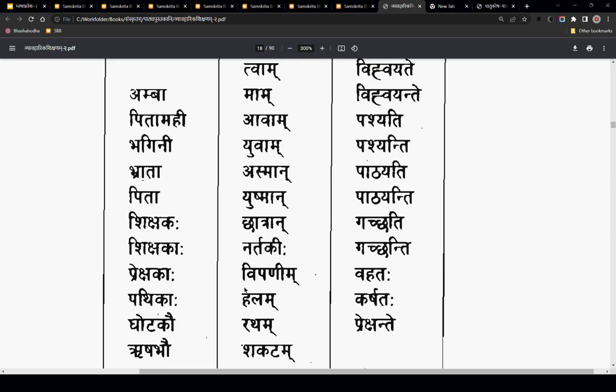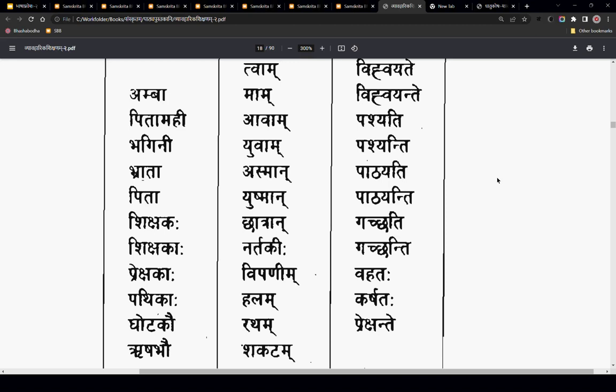Using this halam, can you make a sentence with the words available on the screen? I didn't know the meaning of halam, sir. Halam is a plough.